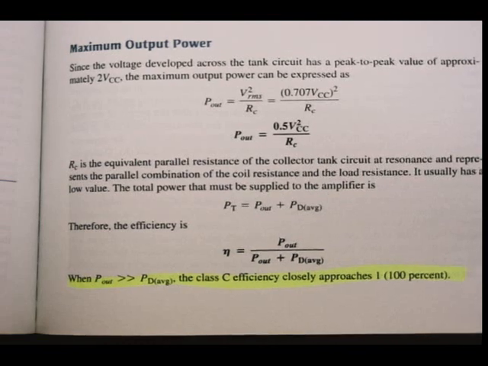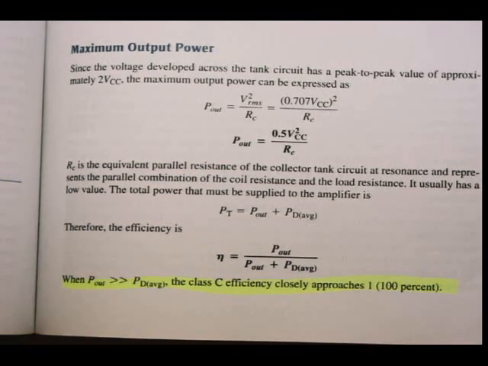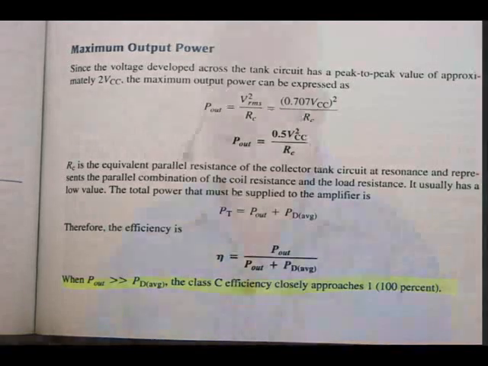Close to 100% because efficiency is compared with the input DC power, and I'm only amplifying a small portion of the input signal. That's why it's almost 100%. But again, it cannot be used for linear operation.